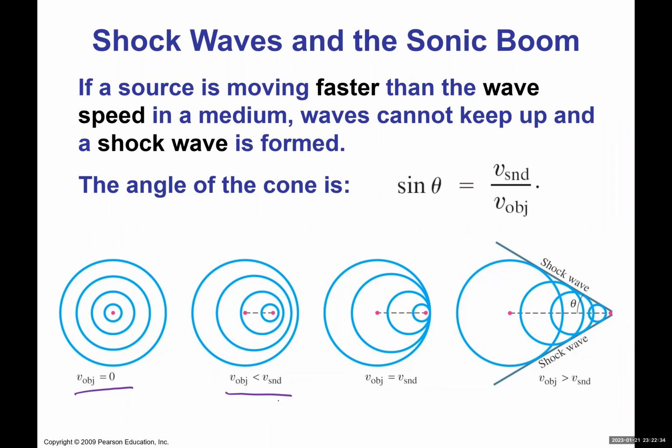Until at some point we can have the velocity of the object equal to the velocity of sound, or sometimes even exceed it. And that's what we have right now. If a source is moving faster than the wave speed in the medium, waves cannot keep up and a shock wave is formed. The equation uses simple geometry: the sine of the angle theta is the ratio of the velocity of sound divided by the velocity of the moving object.